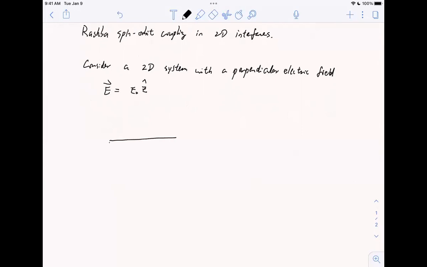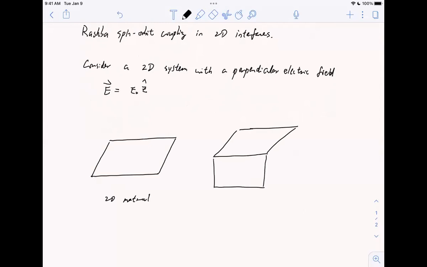So basically, the system is this. You have a plane. This can be a 2D plane, or it can be a 2D interface between two bulk materials. Like you have one bulk material, another bulk, and then they have an interface. For example, you can have a 2D material, or you can have a bulk material, and then the bulk material has an interface.